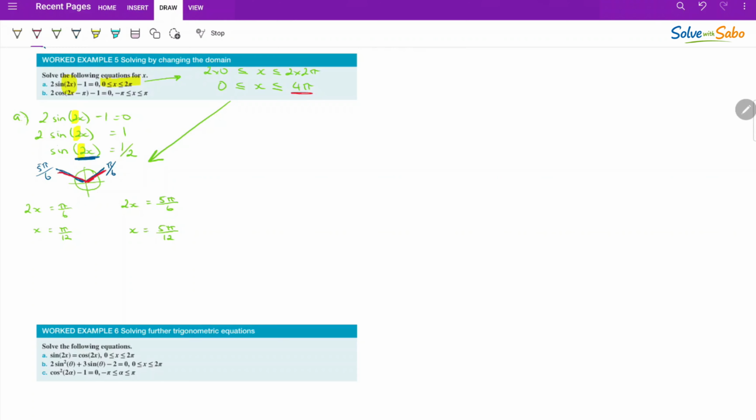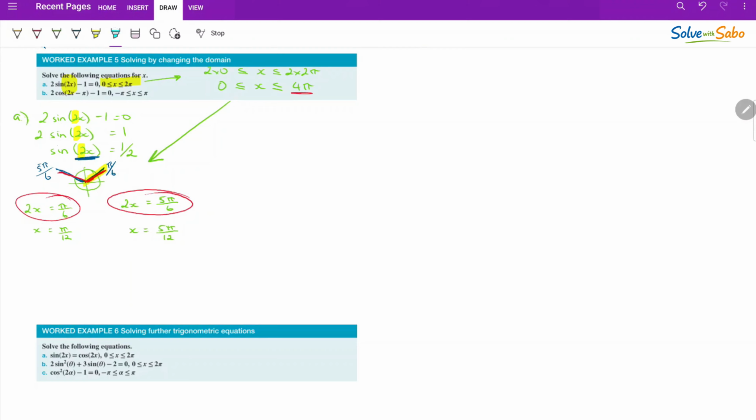So what that means is I need to change these angles here. I can simply make a copy of these angles and just add a full revolution, because if you think about these two locations just here, they're both pi on 6, except one's the first pi on 6 and the other one has had a full revolution.